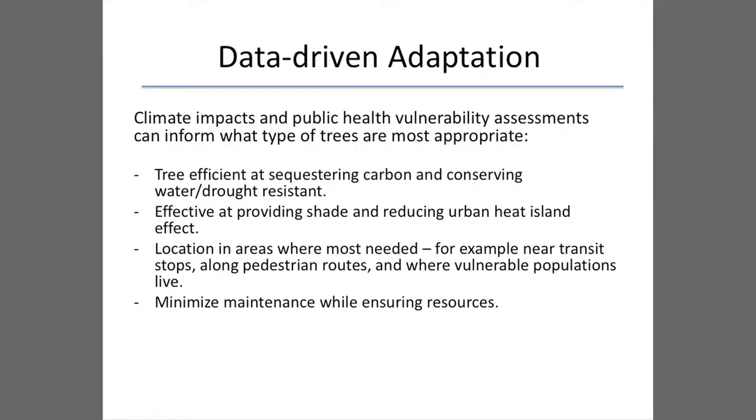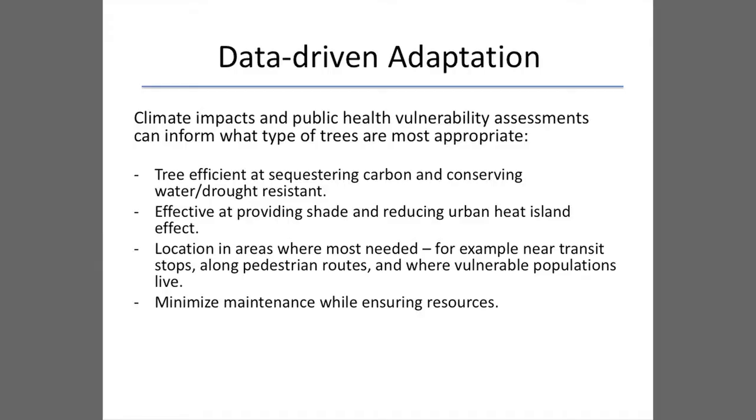So one thing that we can look for is native trees that are more efficient at sequestering carbon and conserving water, so that are more drought resistant. We can also look at what trees and vegetation is most efficient at providing shade and reducing the urban heat island effects.